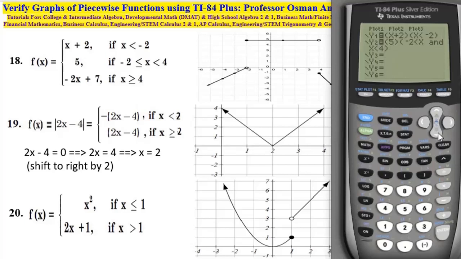Then it is minus 2x plus 7, and this is valid when x is greater than or equal to 4.